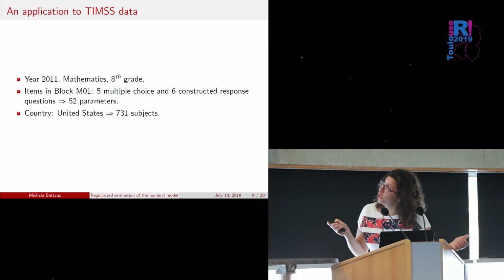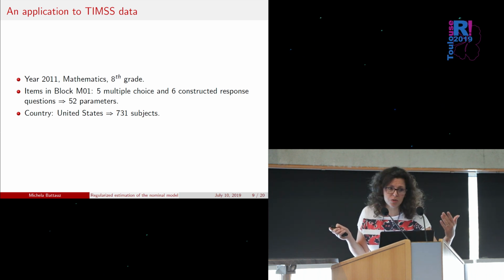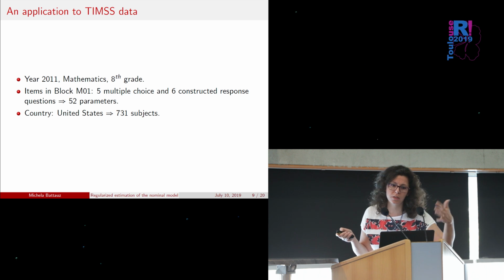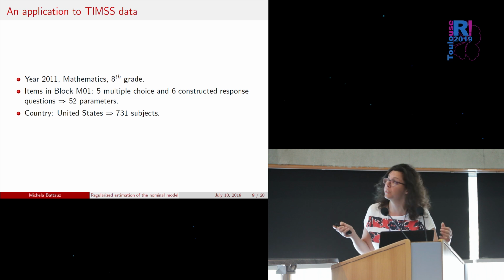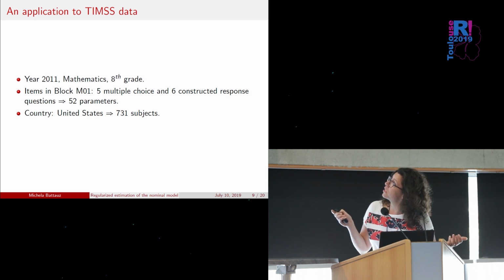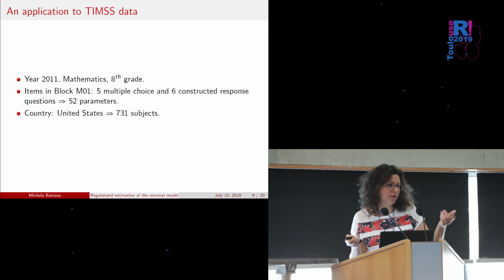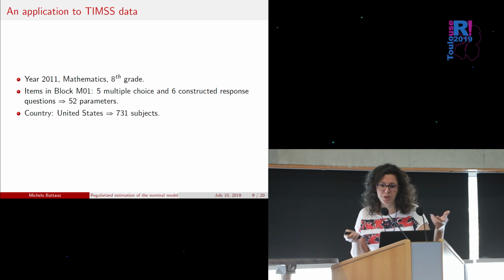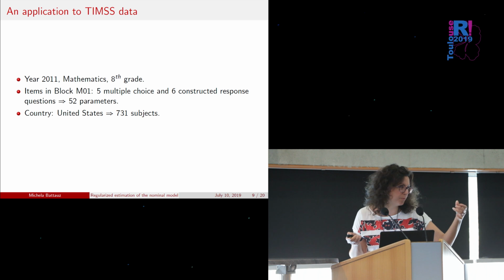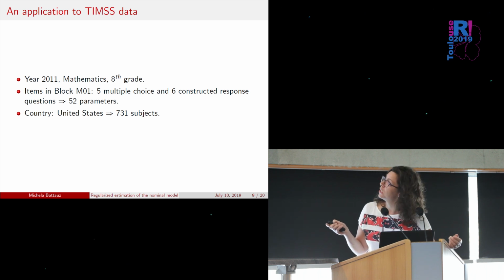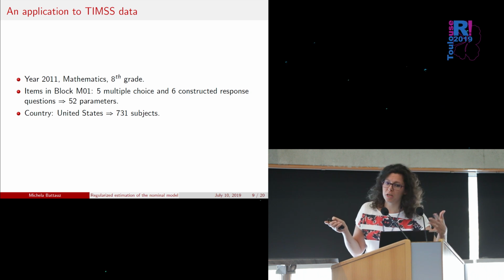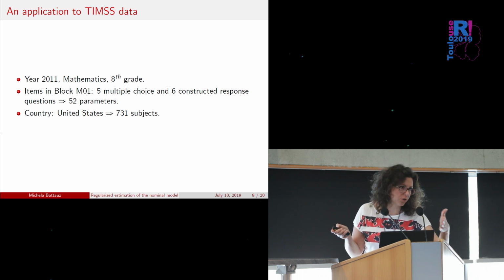And these include 5 multiple choice items. So one item with 4 or 5 possible response options, and just one is correct. And 6 constructive response questions, which are questions that are answered by the student without having predetermined responses. For the multiple choice items, I consider the response is just correct or not.